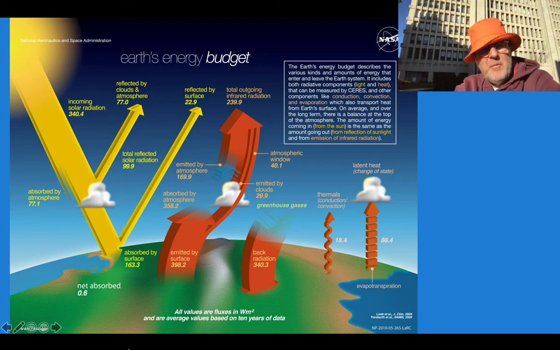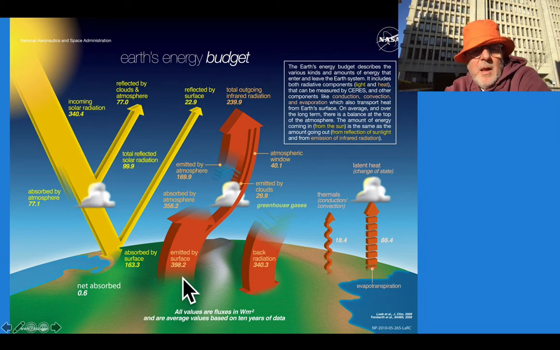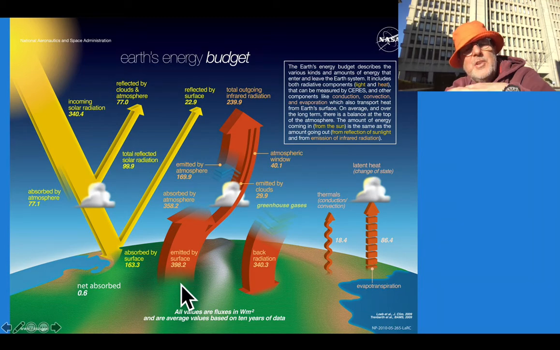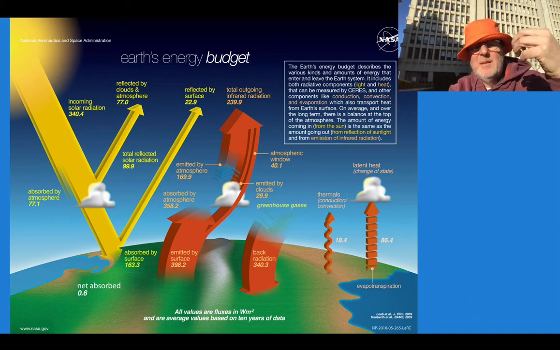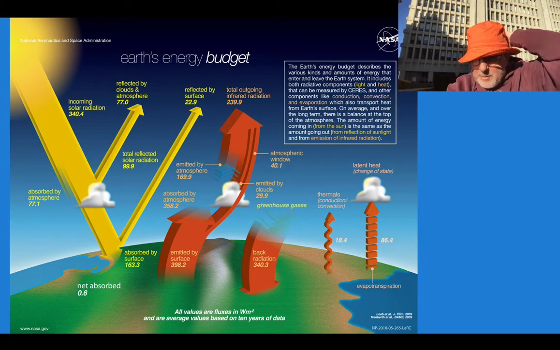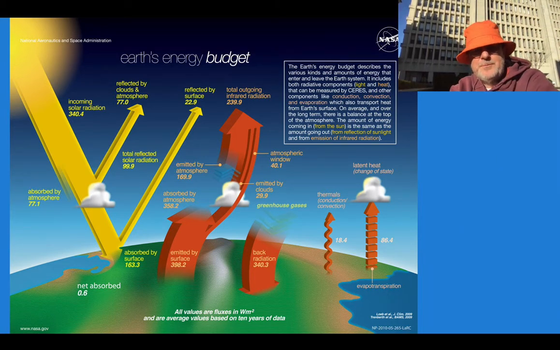The more ice you have, the more reflectivity. Then you have a certain amount of energy released at night on the dark side of the Earth, some of which is being emitted by clouds where water vapor is condensing and releasing heat, and it goes back up towards space.